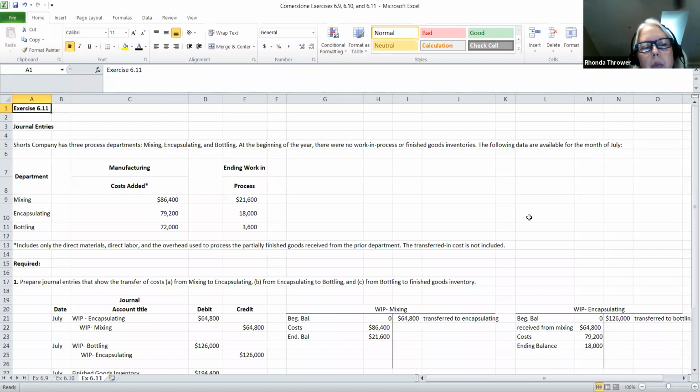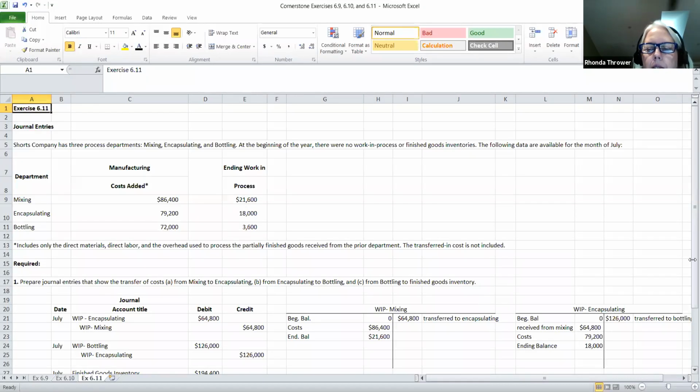The following data was available for the month of July, and they've given you the mixing department's costs that were added during the month of July, and then they've given you the ending inventory for the work in process. So the mixing department, we had some costs that were added to the mixing department of $86,400, and the ending inventory in the mixing department is $21,600.